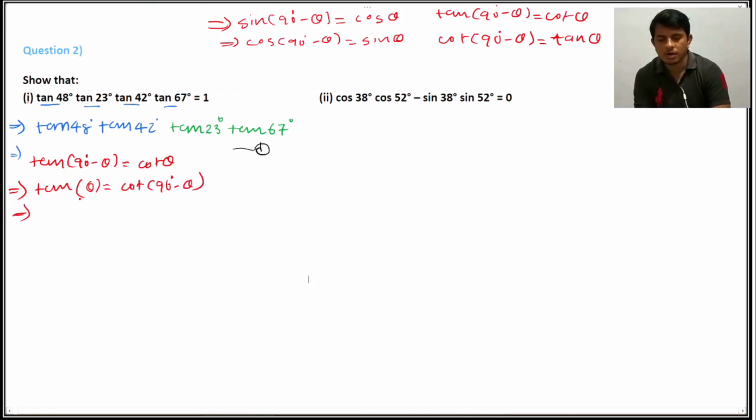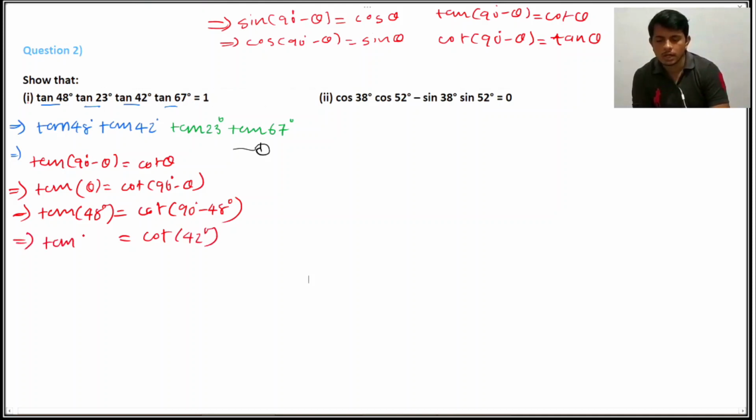Here we have the value of theta, 48 degree, so we just put it here: tan 48 degree equals cot 90 minus 48 degree, which is equals to cot 42 degree. So we have tan 48 degree equals cot 42 degree. That's equation number A.